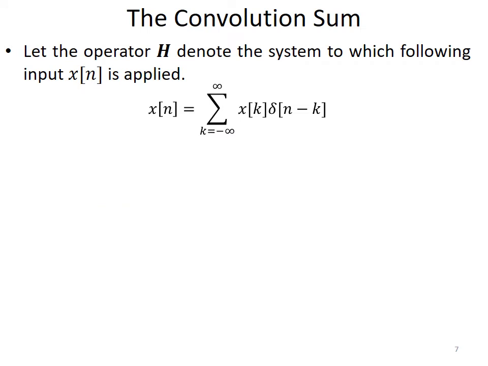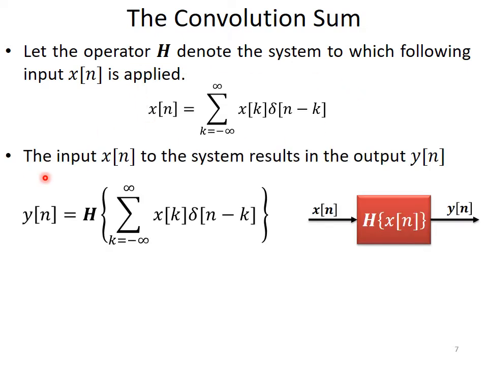Now coming to the actual topic, let us consider a system whose function is represented by h. So h is basically the system operator, and let us apply this input, the input that we resolved in terms of impulses, to the system h and see what happens.